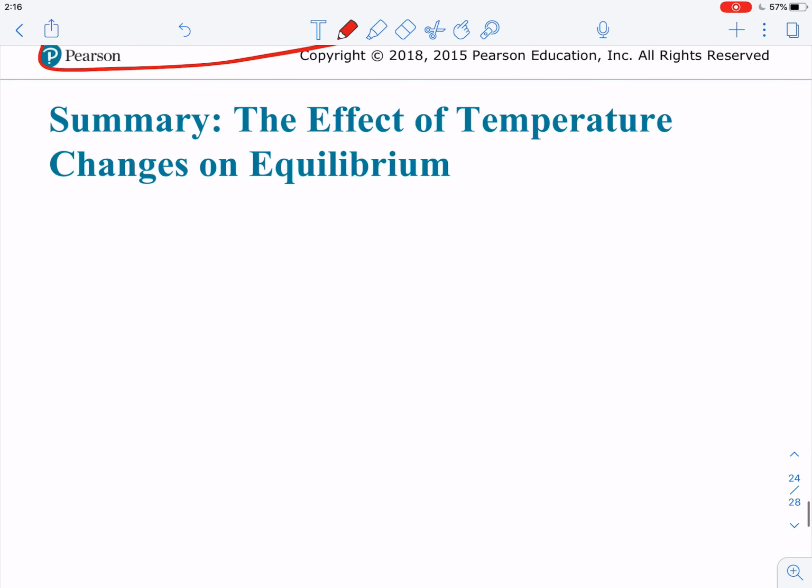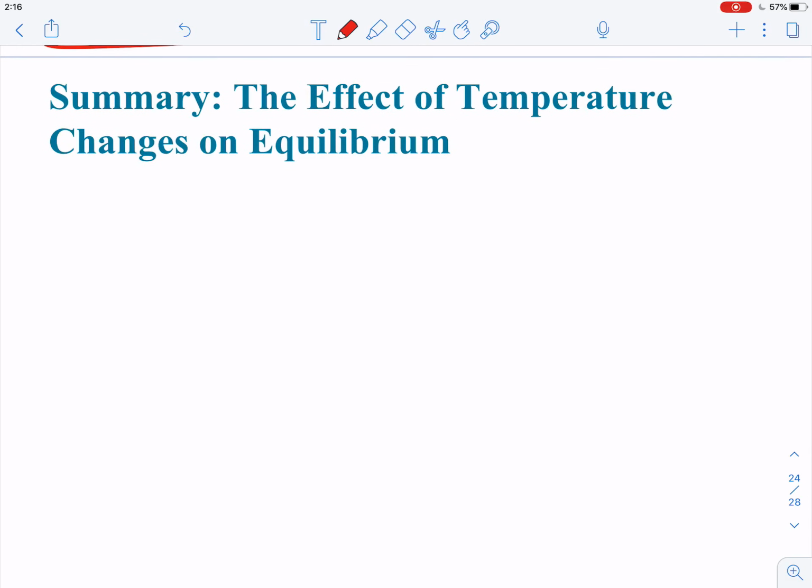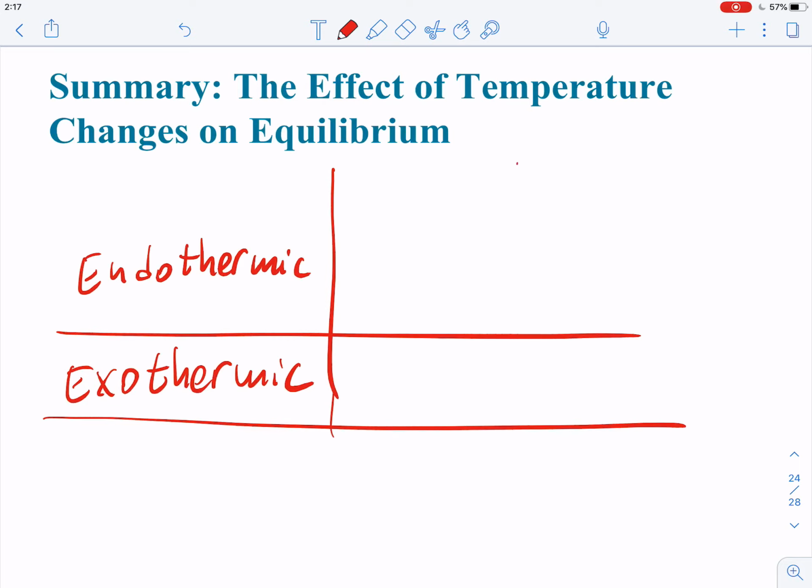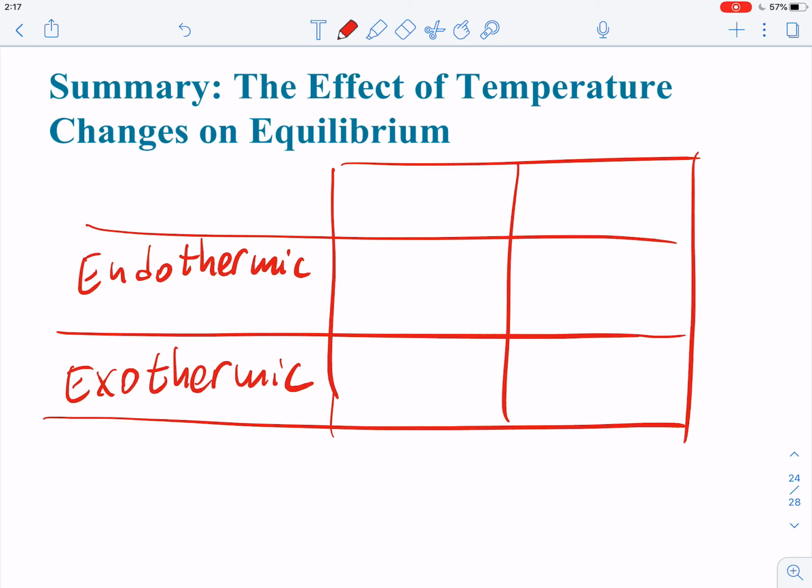So here in summary, if you have an endothermic reaction versus an exothermic reaction, if you increase the temperature or if you decrease the temperature: if you increase the temperature in an endothermic reaction, the equilibrium shifts right and K increases.